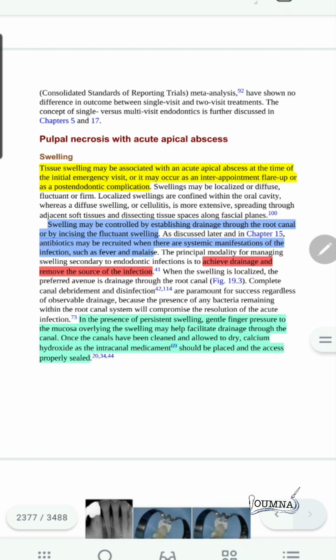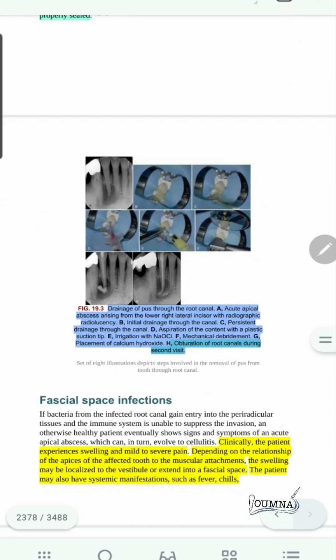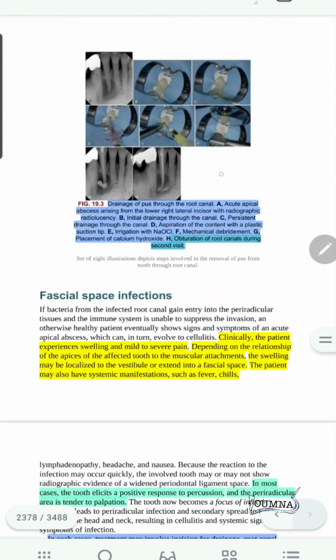For antibiotics, they may be prescribed if we have systemic manifestations such as fever and tiredness. The patient is feeling weak.